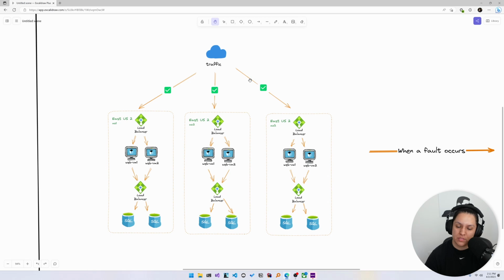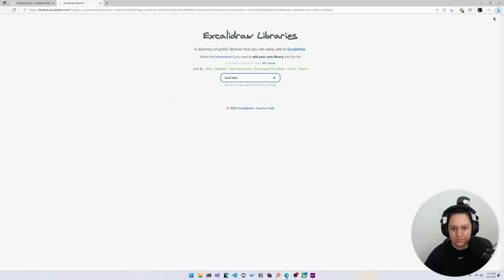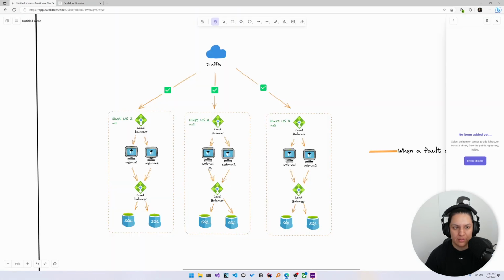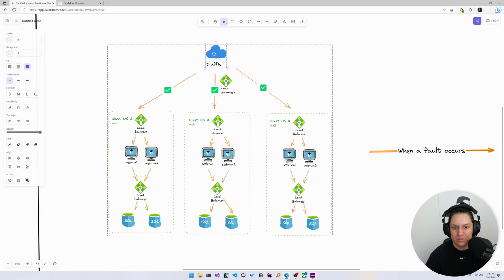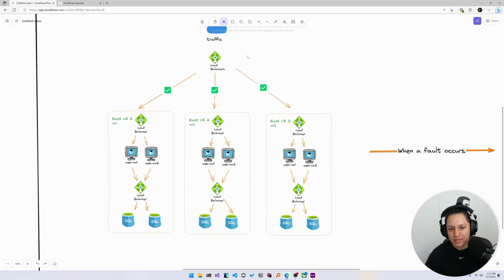And we have traffic that's being distributed. I probably should have added another load balancer, it probably would have been somewhere here. So if we move this higher up, probably would have been something here, right?